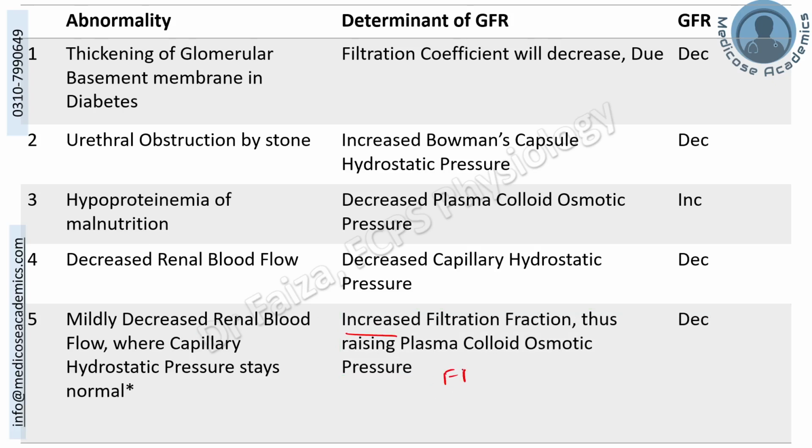Now, filtration fraction is equal to GFR divided by renal plasma flow. The renal plasma flow was decreased, but GFR was constant, so filtration fraction was increased. Now, as the filtration fraction increases, this will raise the plasma colloid osmotic pressure and thus reduce the GFR ultimately.